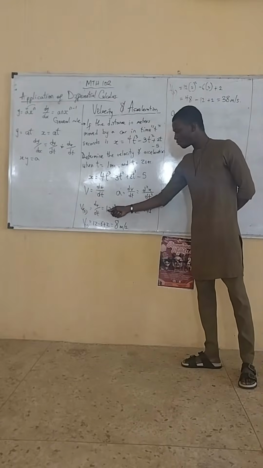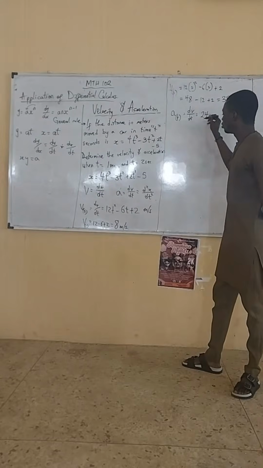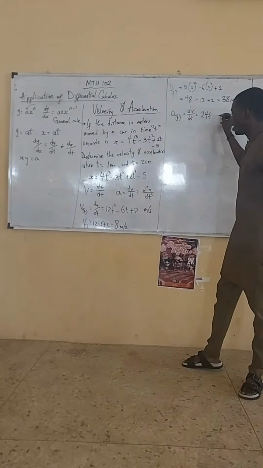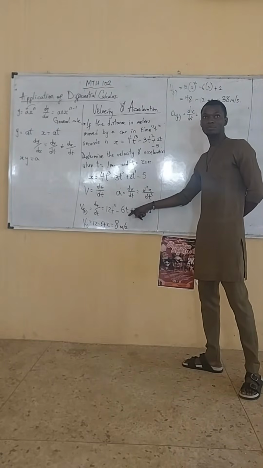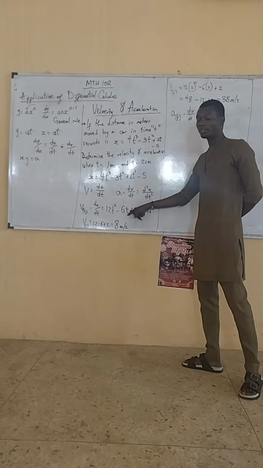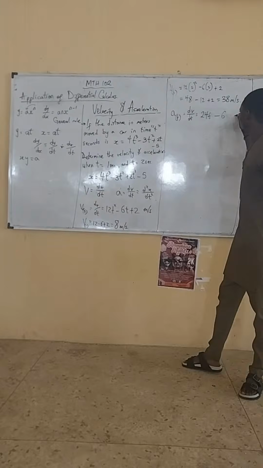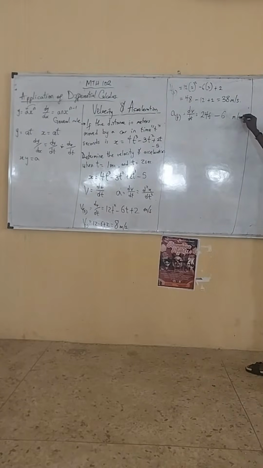So that will be 12 times 2, 24, take 1 from the power, that's t, minus 6, because the derivative of 6t becomes 6 times 1, that's 6. What will be the unit for acceleration? Meters per second squared. That's acceleration with respect to t.